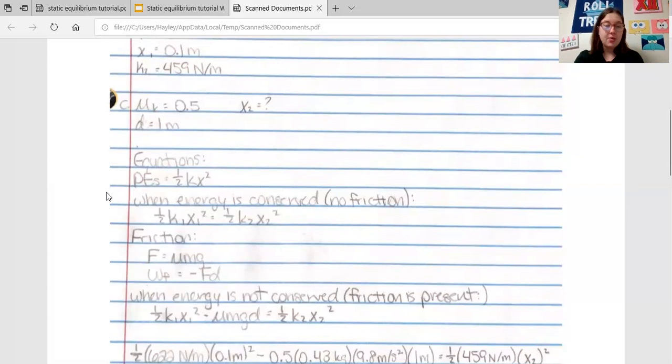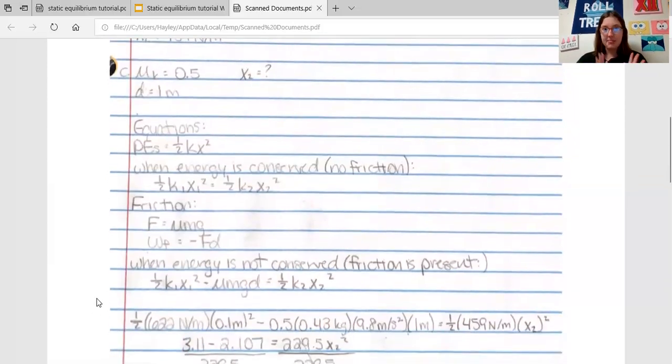So the equation for friction is F equals coefficient of friction times m times g. And then the equation for the work done by friction is negative F times d.